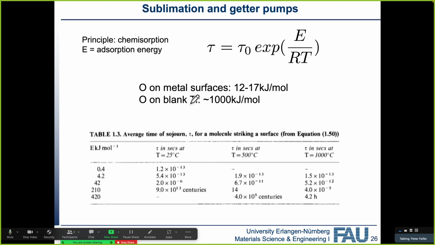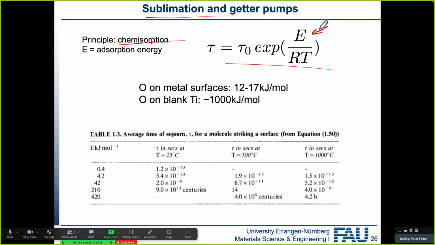Okay, so this was mechanical pumps. The other thing that we very often have are sublimation getter pumps. In this case, the principle is chemisorption. So you have some chemically active surface, some reactive surface, and then you have a desorption time that's dependent on the desorption energy, and then obviously the temperature.